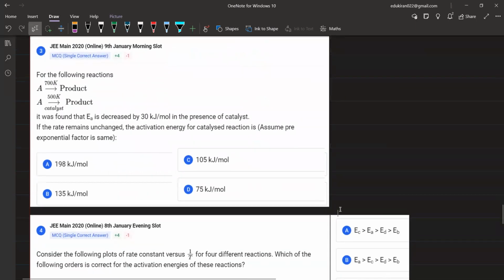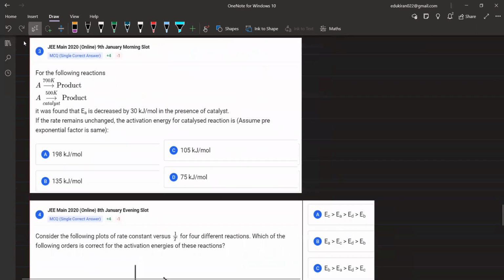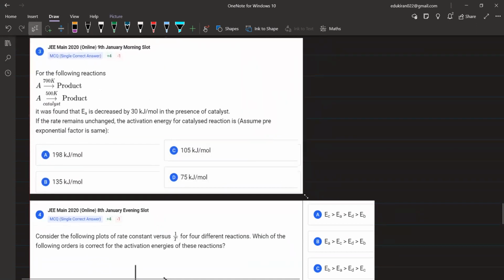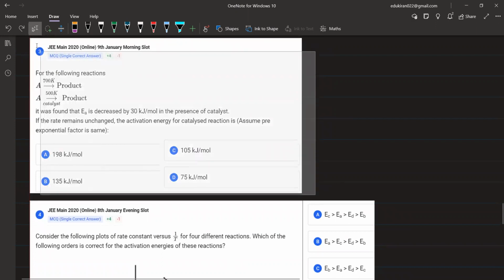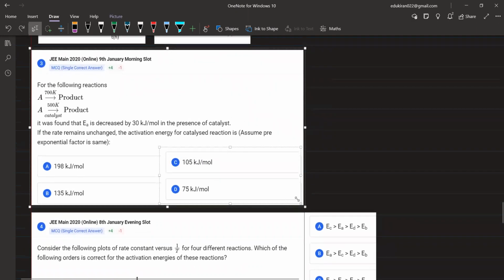Try this question now. Write this question, write this question.